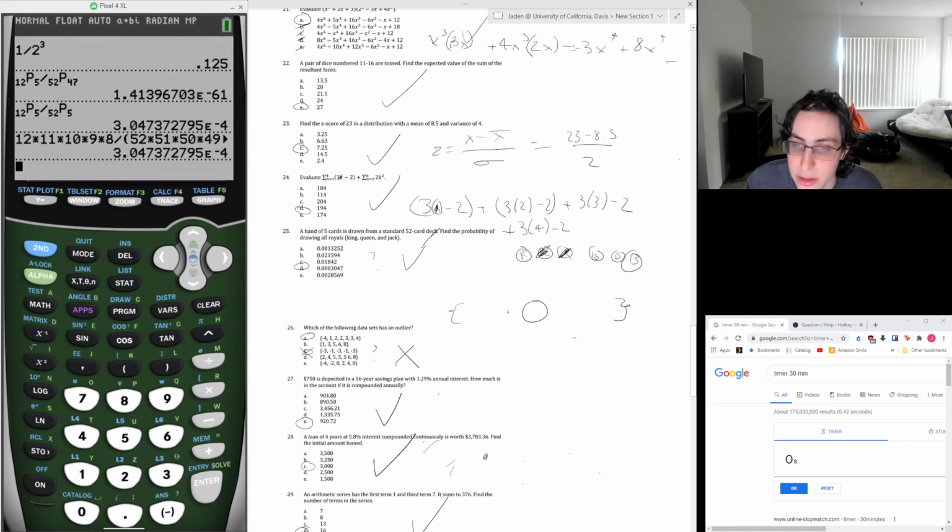So in this data set, 1, 3, 5, 6, 8, 5 is the median. If you have two numbers where the median is in between them, it's just the average of the two. Here, -4, -2, 0, 2, 4, 8, I think the median is 1. And 2, 4, 5, 5, 5, 6, 8, the median is 5. It's like the middle number.